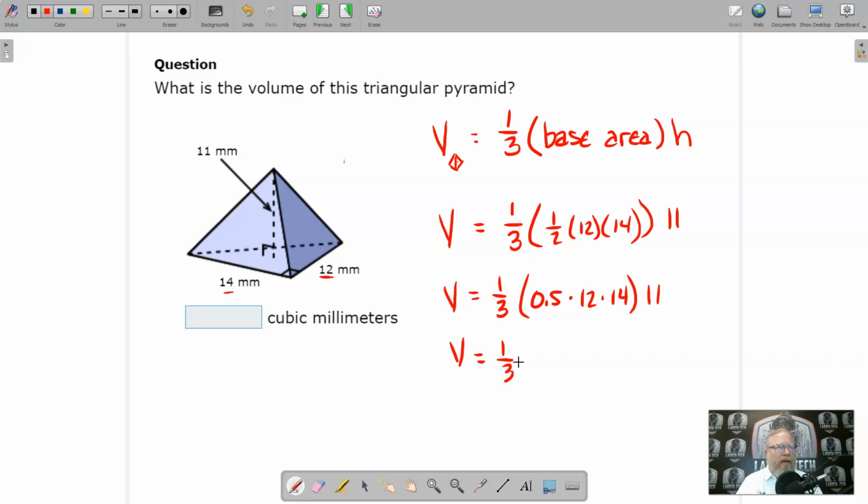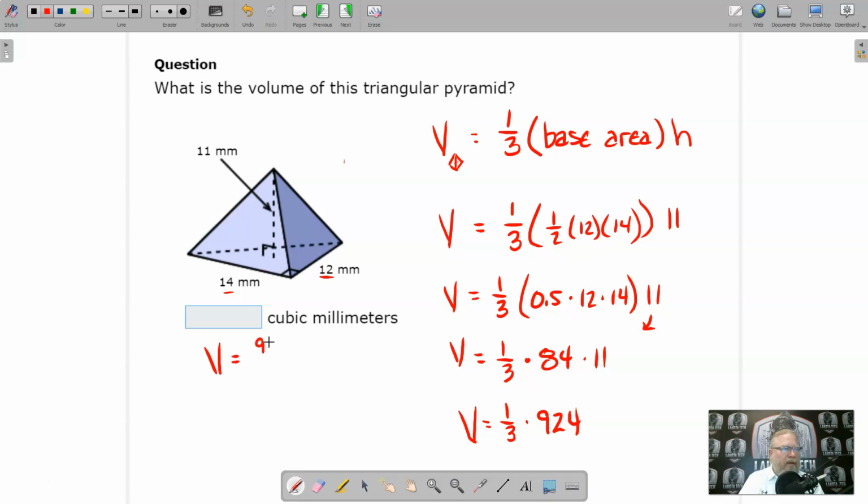Let's bring the 1/3. And now let's calculate 0.5 times 12 times 14, and we get 84. So I'll multiply that times 84. And then let's bring down the 11, multiply times 11. So volume equals 1/3 times 84 times 11, and I get 924. Now, if I multiply 1/3 times 924, I'm going to write it out here so you see it.